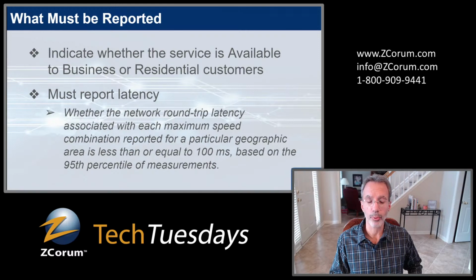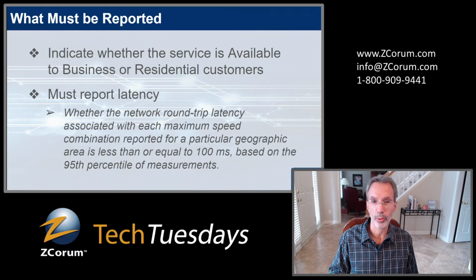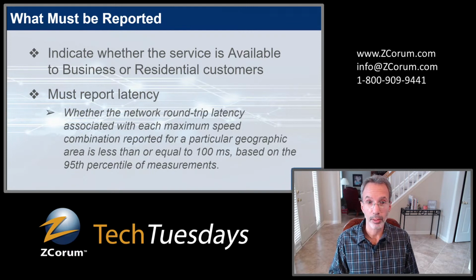Most of your cable operators, and certainly your fiber operators, 5G has very low latency, so that should not be an issue. It's not like they're asking you to report, do you have 10 milliseconds or 20 or whatever. They just want to know, are you less than or equal to 100 milliseconds in that particular area for the 95th percentile of the measurements that you take. And I don't think there's anything yet about whether you have to actually go through a testing process or not.